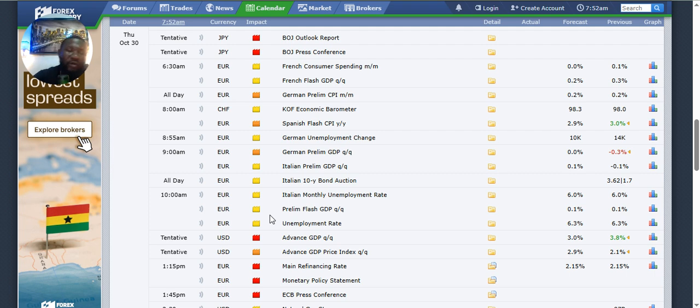Now take note of this. Whenever there's news on a particular currency, it affects only that currency. If there's news on the British pound, it affects only the British pound, meaning that any currency pair that trades with the British pound will be affected.